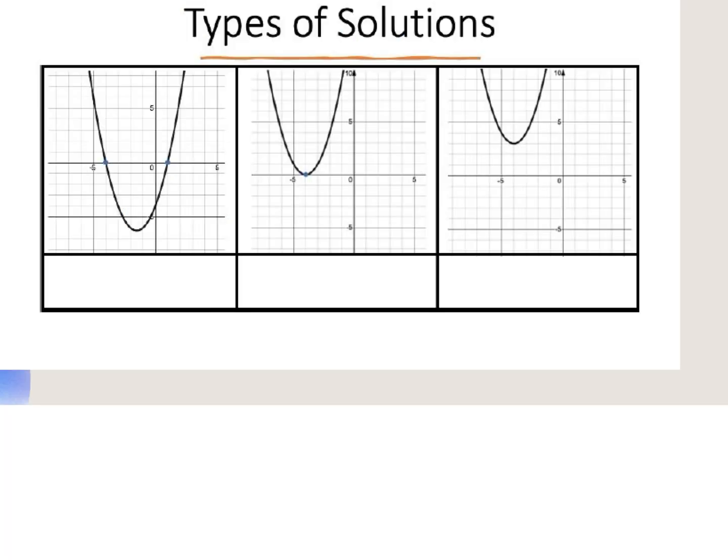For quadratics, we have 3 types of solutions. We've talked about this before, right? This is crossing the x-axis, so we can have 2 solutions, or rocks. Actually, let me write that as rocks because we want to use all those words. How many on this middle one? How many times is it touching the x-axis? 1.